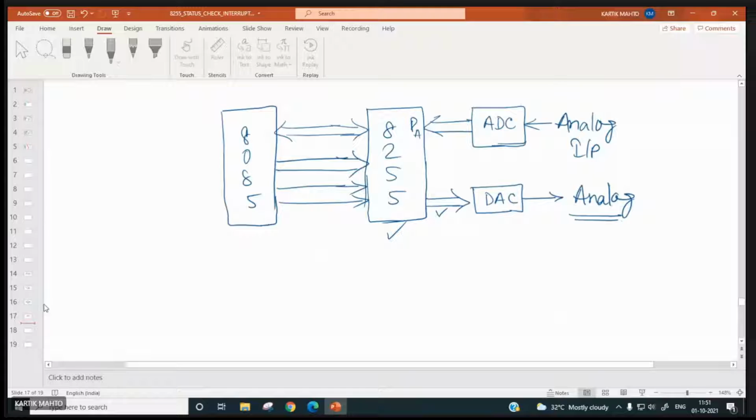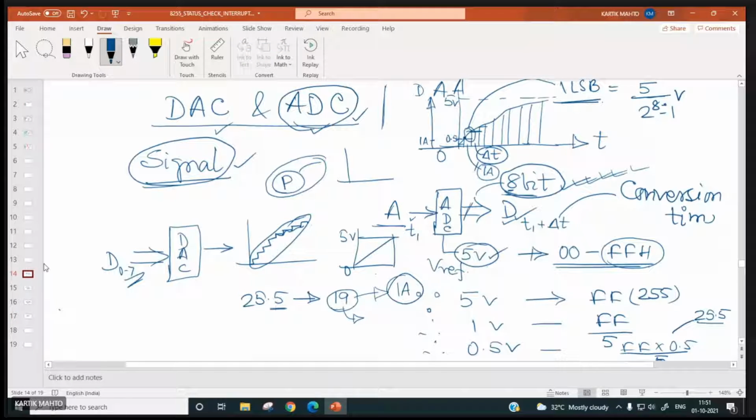Okay, when you take this part, then I will take you back to this figure. What was that figure I was telling you about? I was telling you that when you take this analog input as one sample for the conversion, definitely you have to spend time for the conversion.